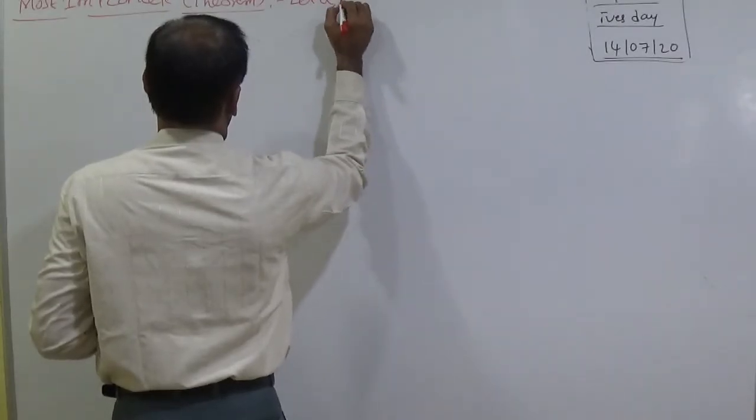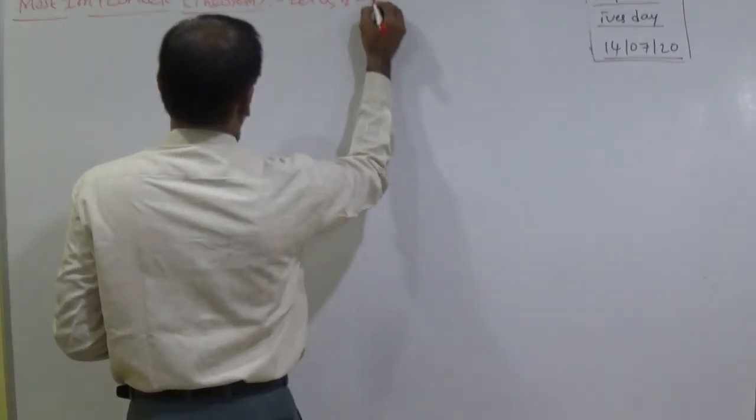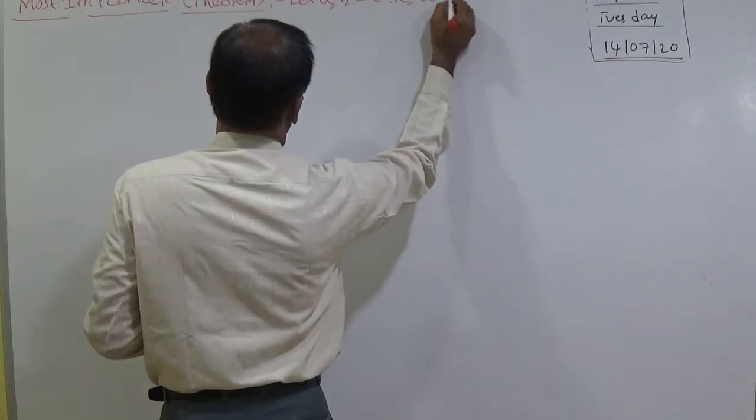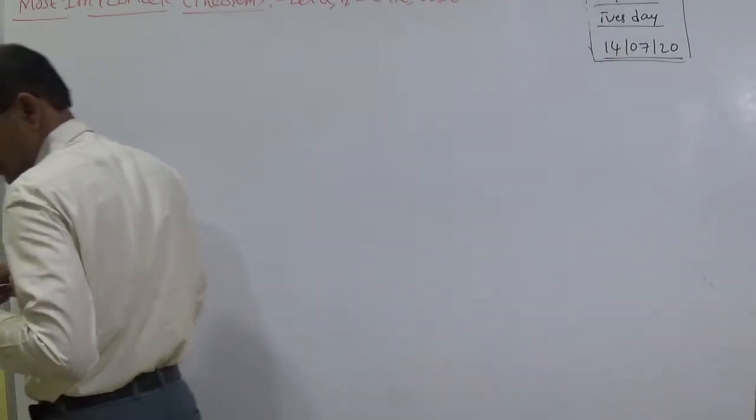Most important theorem. Let a, b, c belong to R, a not equal to 0.